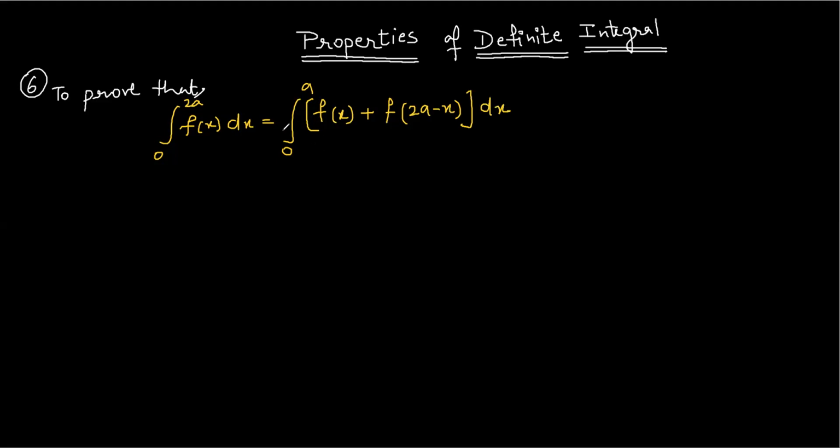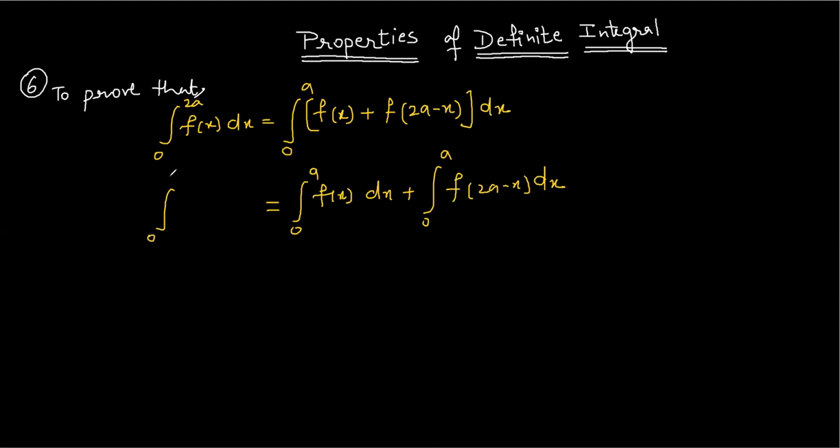What I understand here is, to prove this, I need to prove that 0 to 2a f of x dx is equal to 0 to a f of x plus f of 2a minus x dx. So I understand that in order to prove this, I will have to prove 0 to a f of x dx plus 0 to a f of 2a minus x dx.